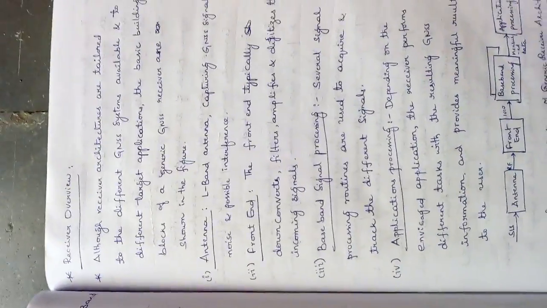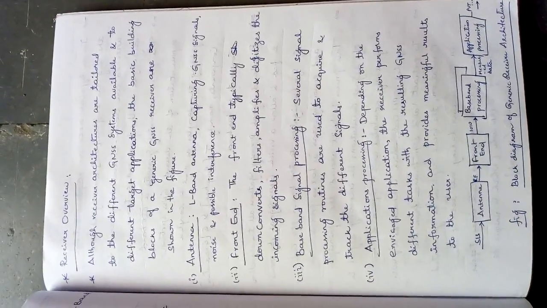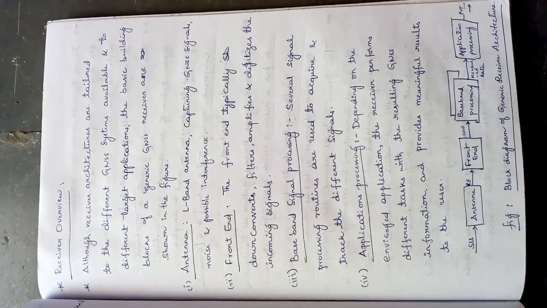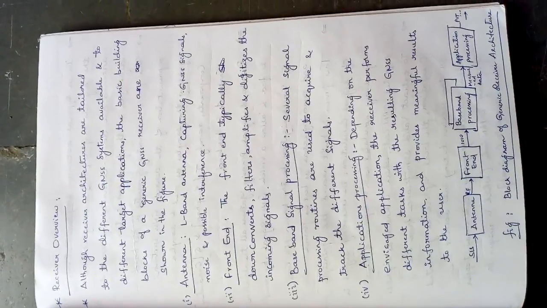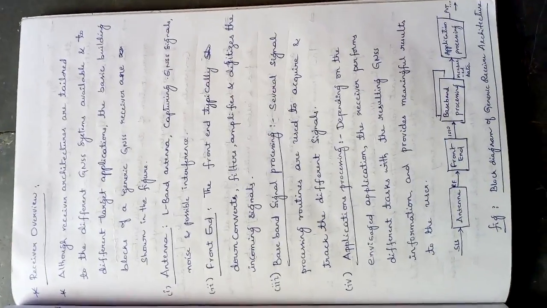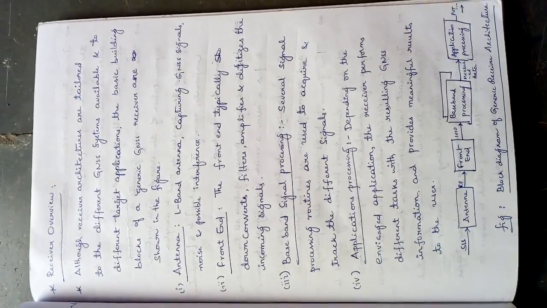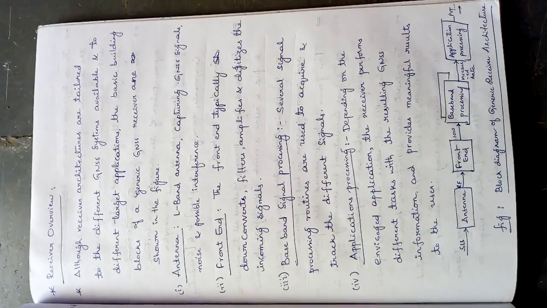One example is to decode the transmitted navigation message and calculate the user's position. Now let us see the receiver overview. Although receiver architectures are tailored to the different GNSS systems available and to different target applications, the basic building blocks of a generic GNSS receiver are: the antenna, an L-band antenna, which captures the GNSS signals, noise, and possible interference.